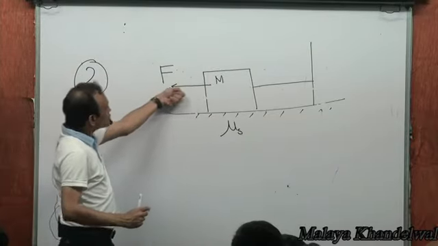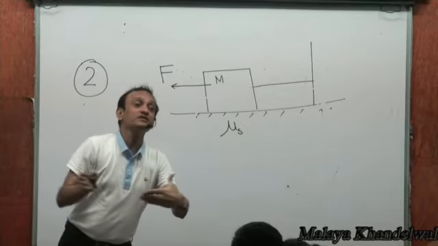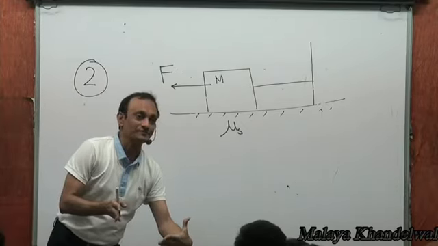When you start pulling this to the right, then initially tension stays relaxed, right? But friction takes the load on itself, takes the onus, responsibility of preventing the block from moving on the ground, right?